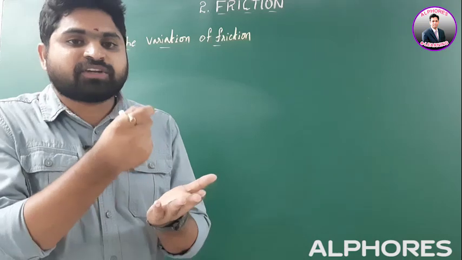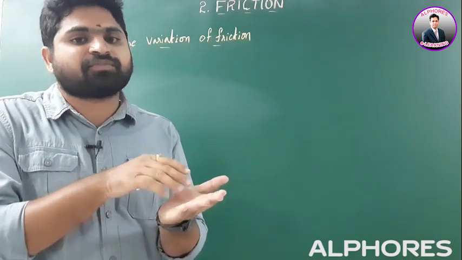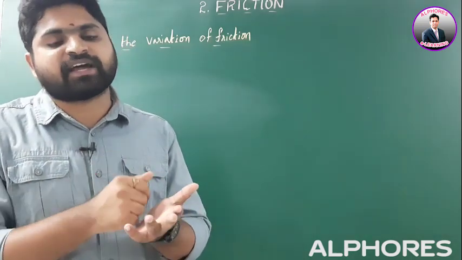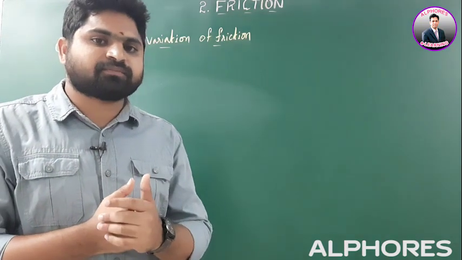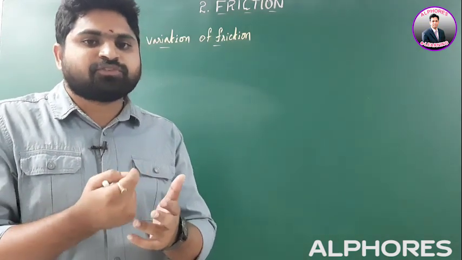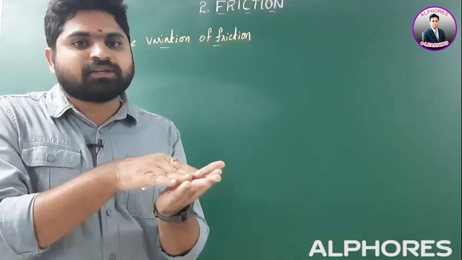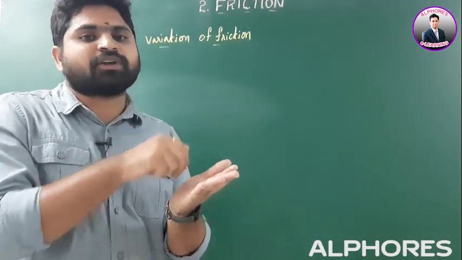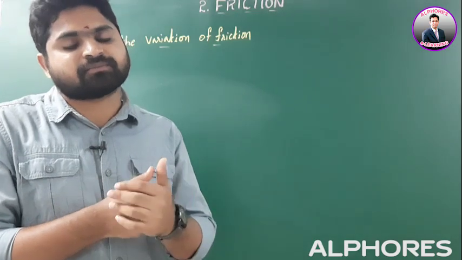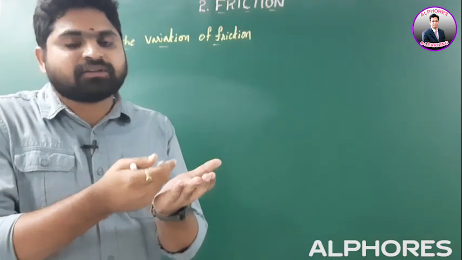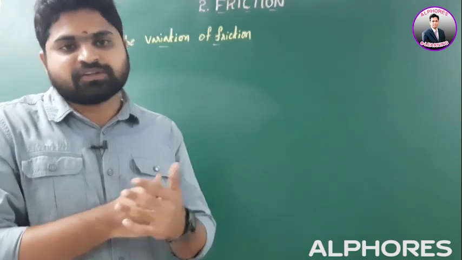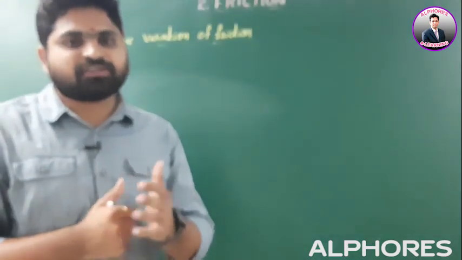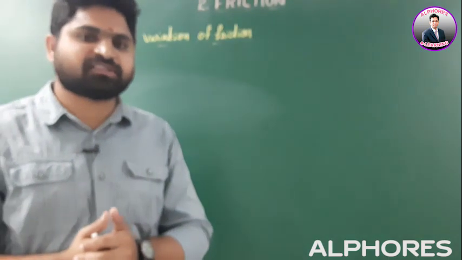The friction between this object and the surface is known as static friction. In the same way, sliding friction comes into play when one body slides over another body. The friction between the sliding body's surface and the floor is known as sliding friction. These topics we discussed in the previous session.